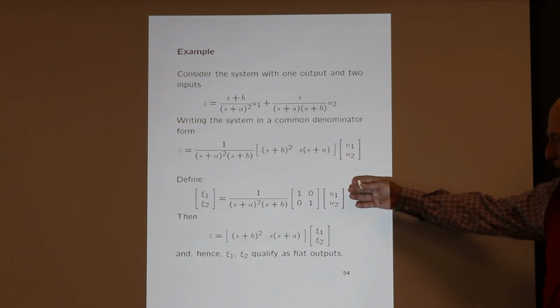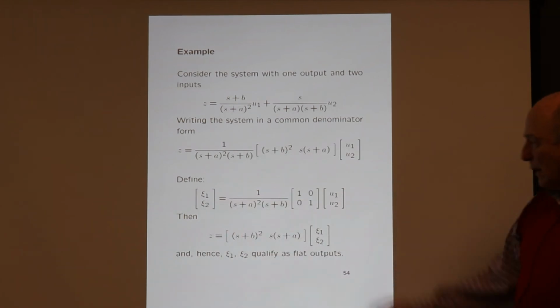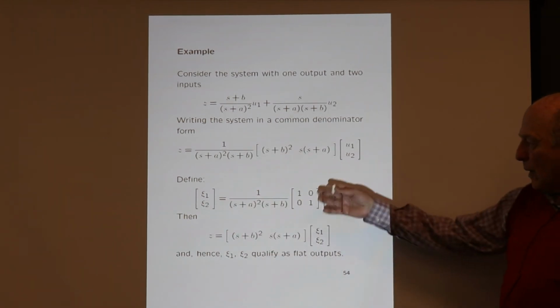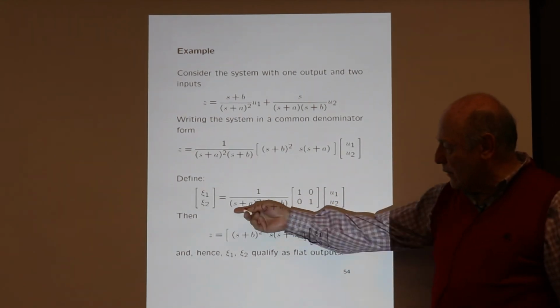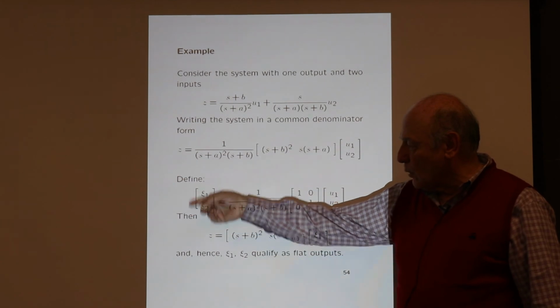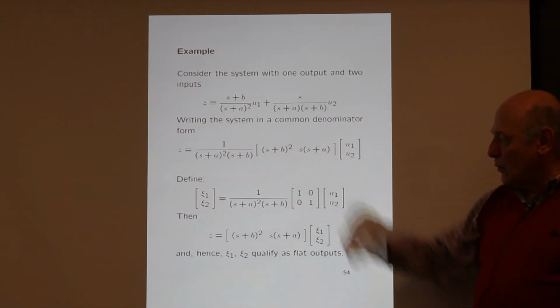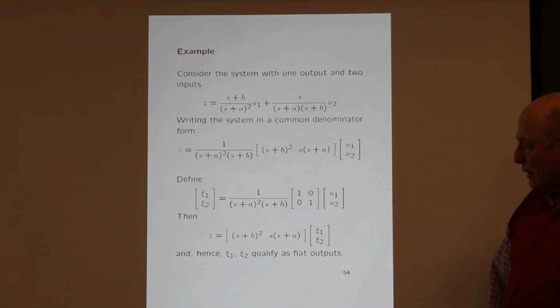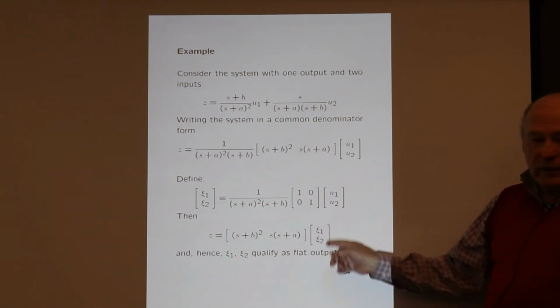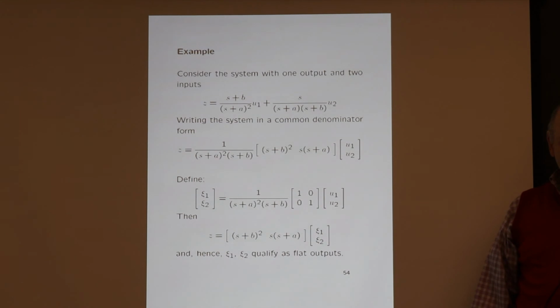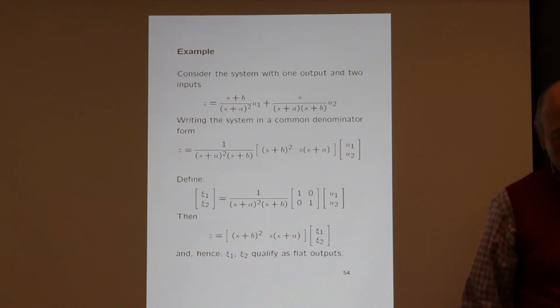So the flat outputs are C1, C2. They're directly related to U1 and U2. And C1, C2 differentially parameterizes the input because this differential polynomial can be put to affect the two of them. So U1 and U2 has a differential parameterization. And since that is the case, C will also have a differential parameterization in terms of C1 and C2. So that system is flat.